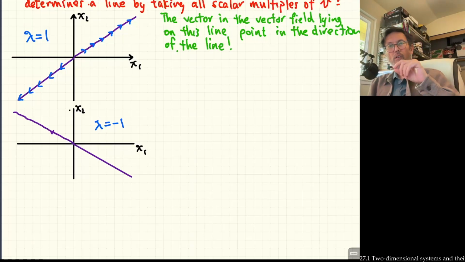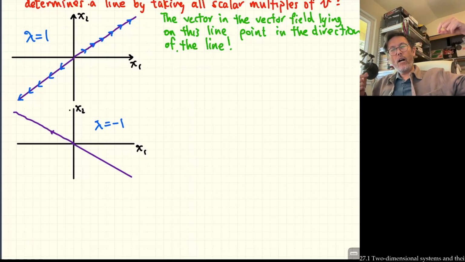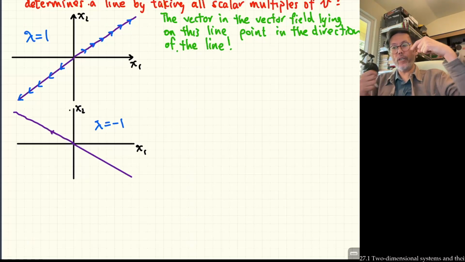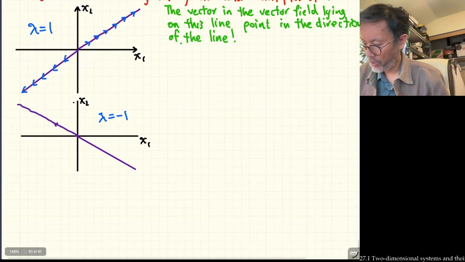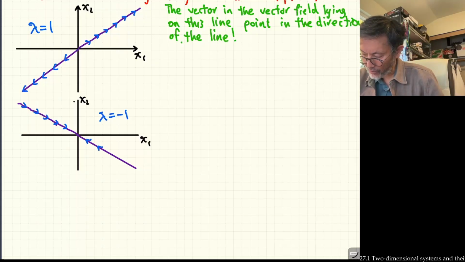Then the vectors in the vector field that lie on this purple line will point in the same direction as the line, but now they will point toward the origin. The blue things are the vectors in the vector field, and they point toward the origin.